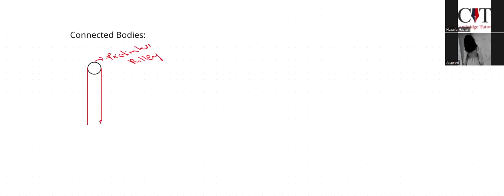It has two different strings, or for now, let's stick to rope. So the pulley has the two ropes connected on each side. I can say it is string here, and there are two objects stuck to this string. Here is one object, and this is the different object.